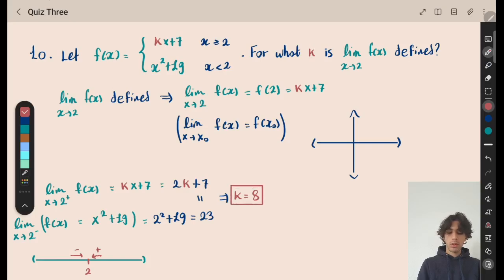Okay, so if this is true, then you have 8x plus 7. It probably looks something like this, until, let's say, this is x equal to 2. And then you have x squared plus 19.